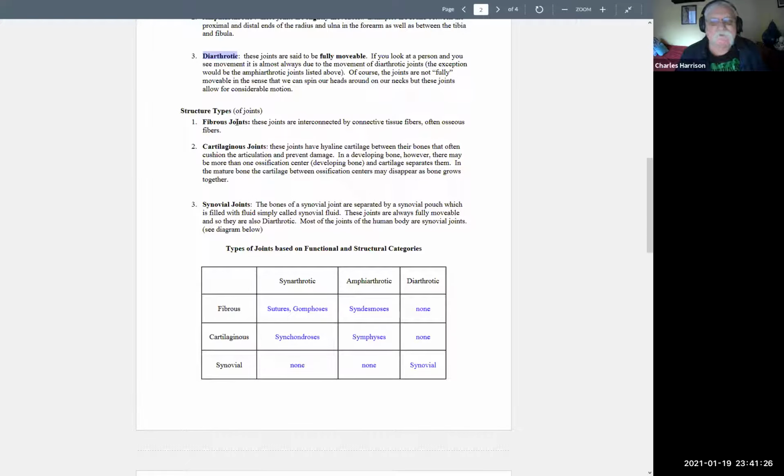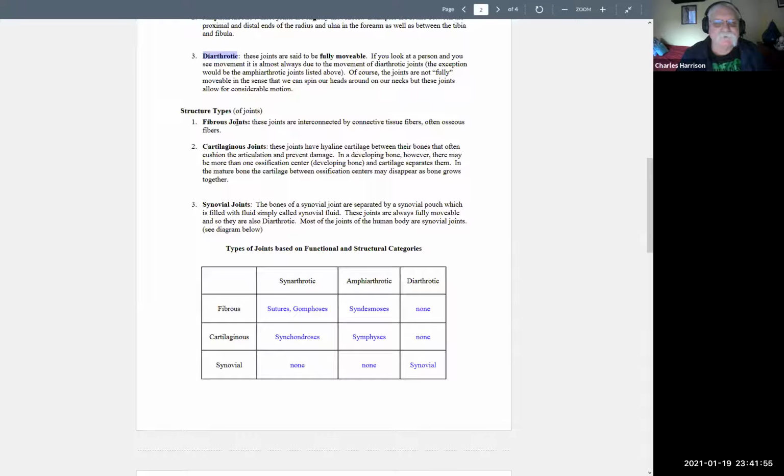It's like plastic. As a person grows older, if they have a cartilaginous joint, two bones joined with cartilage in between, the cartilage may disintegrate as the bone grows, and the two parts become one bone.